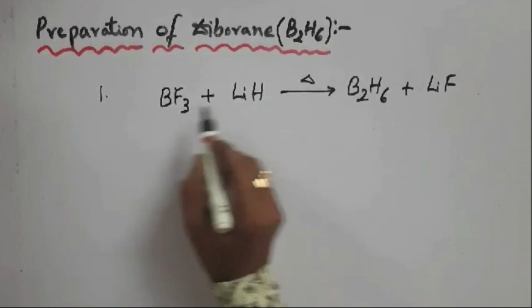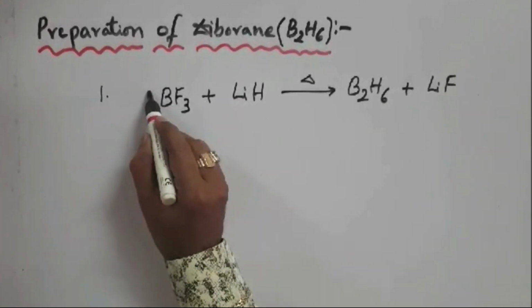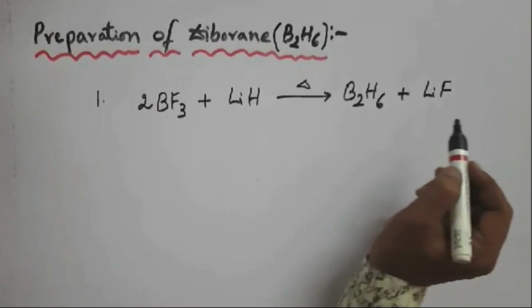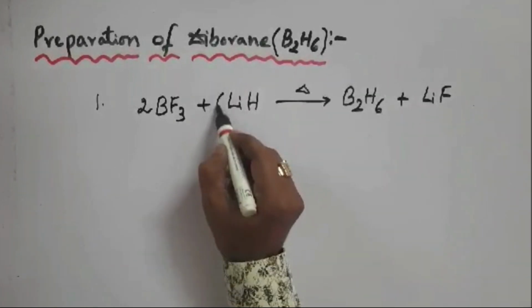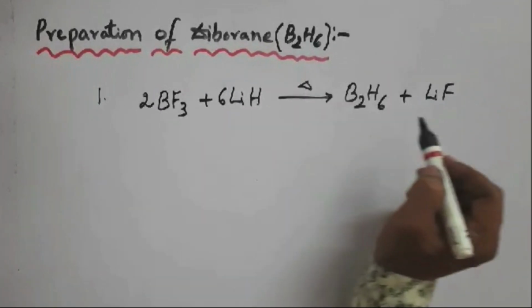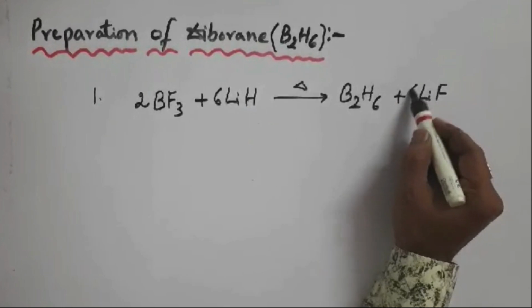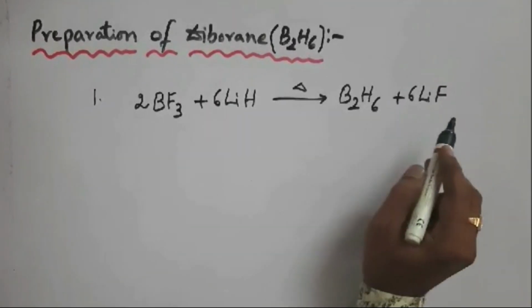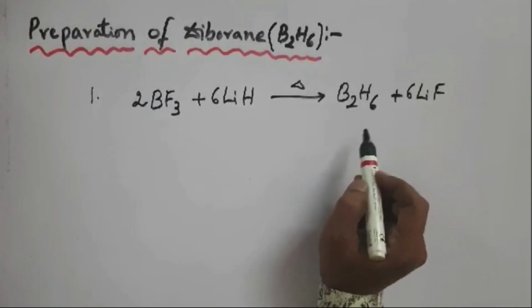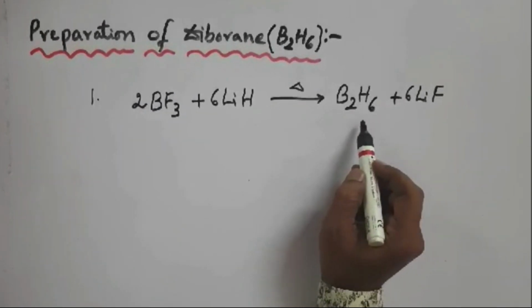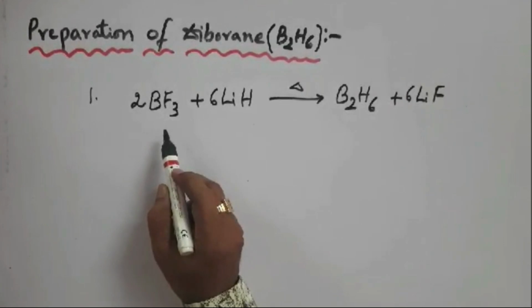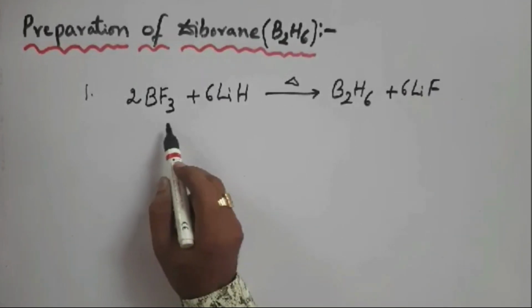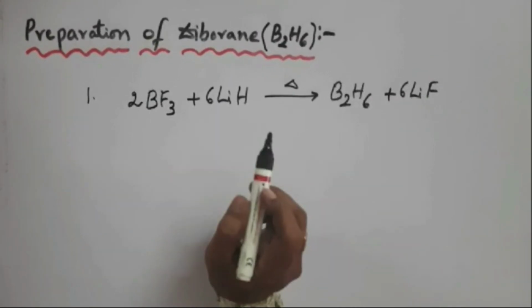Now try to balance this reaction. You need to take 2 moles of BF3 and 6 moles of lithium hydride such that we get 6 moles of lithium fluoride as a byproduct. So this is the first method of preparation of diborane. Here diborane is obtained by the reaction of boron trifluoride with lithium hydride.